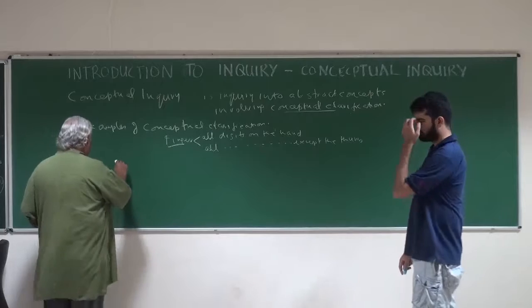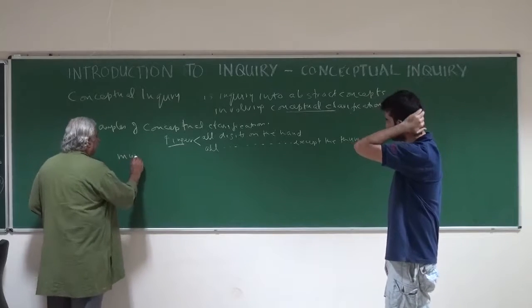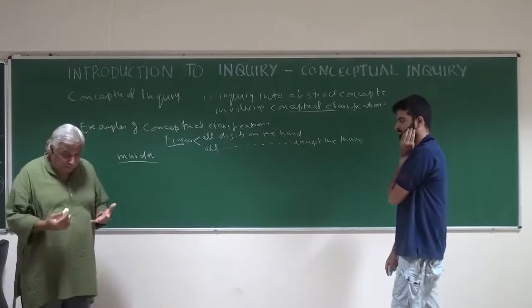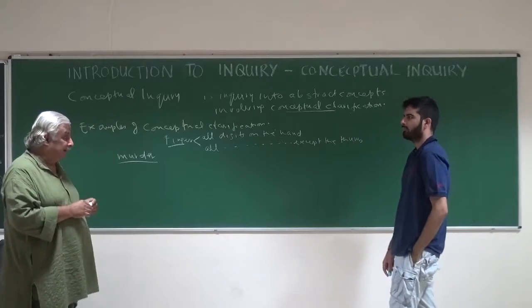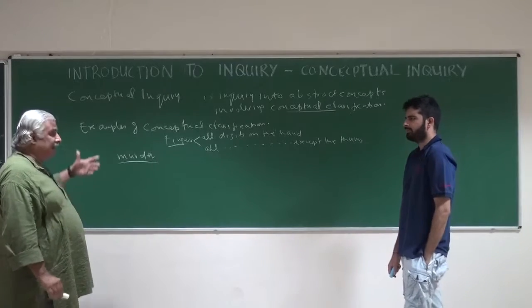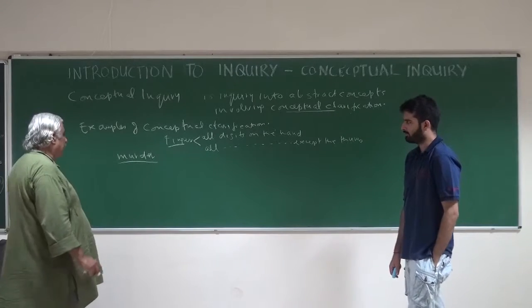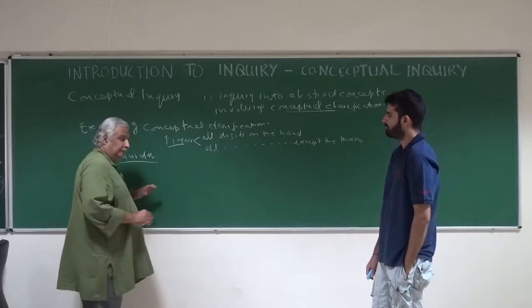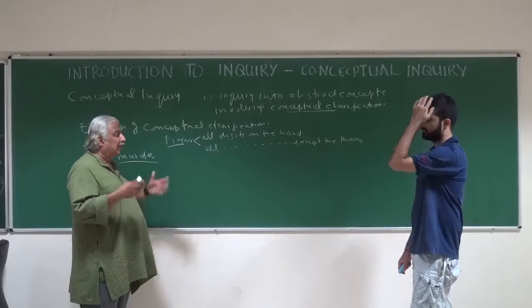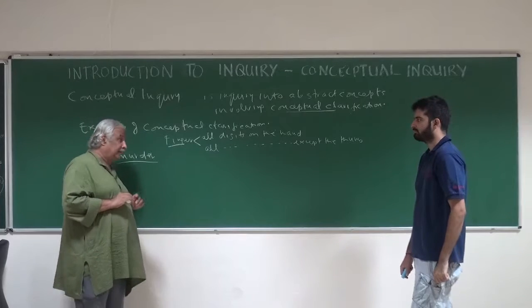Let's take another case, murder. And suppose I want to clarify the concept of murder. What would you do? I'll take some examples. I will say something like a person killing somebody else would be murder.